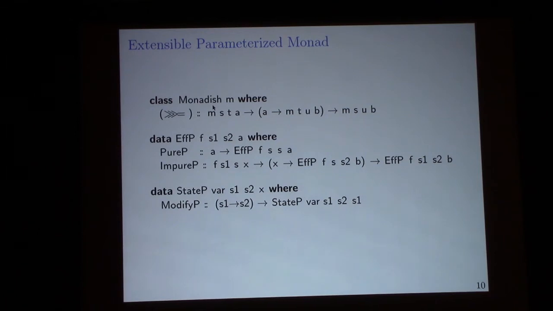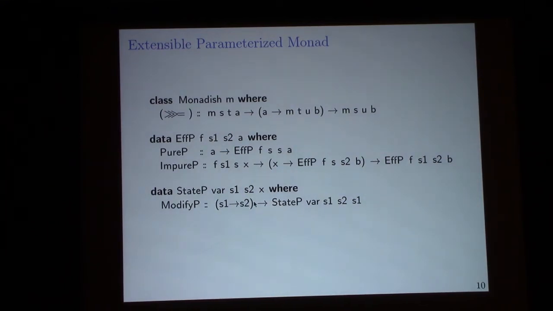So we can just as well generalize our F type, adding S1 and S2, and generalize the state type, taking S1 and S2. It means we are going to modify a state from S1 to the state S2.